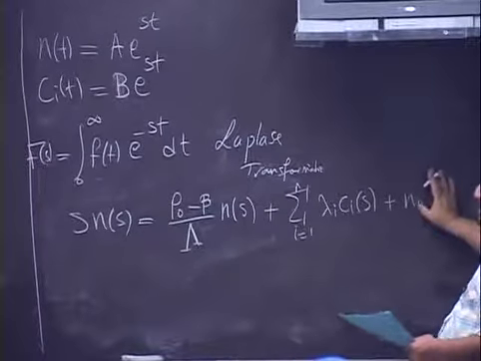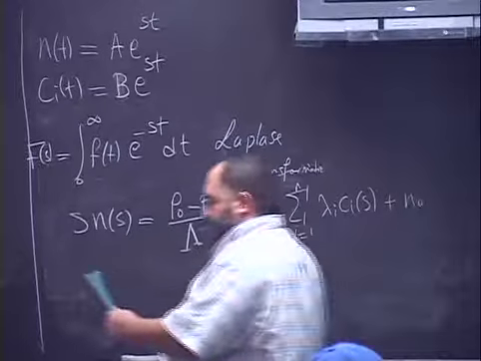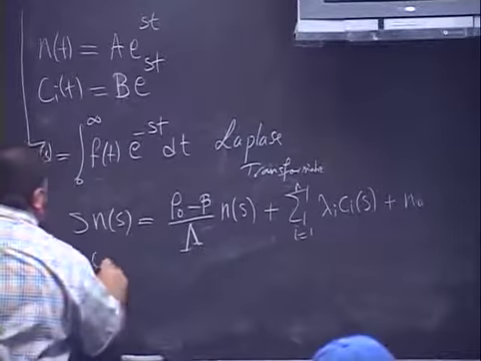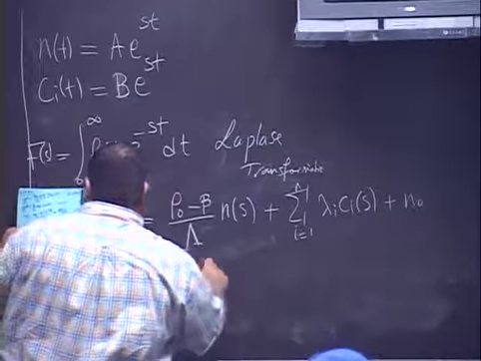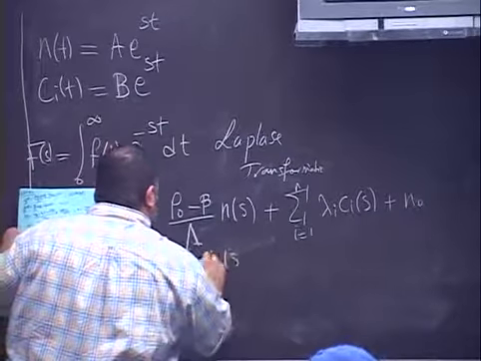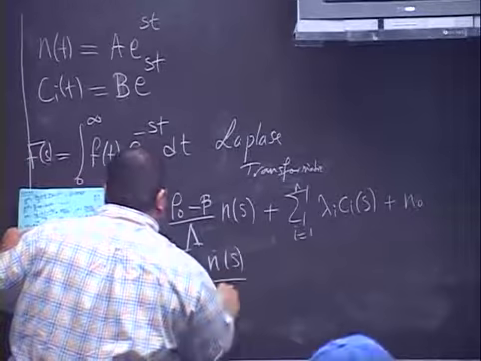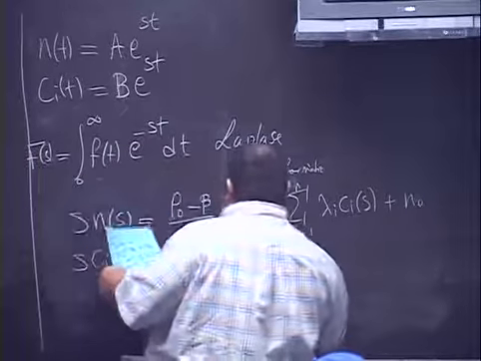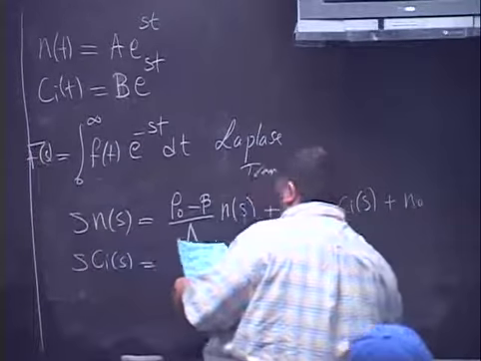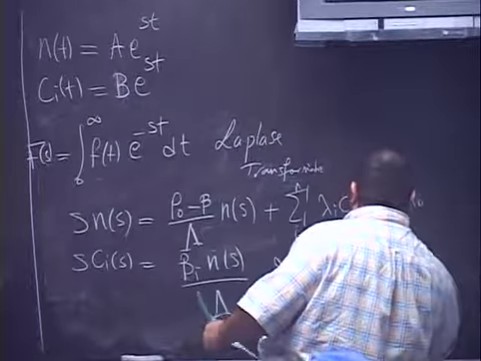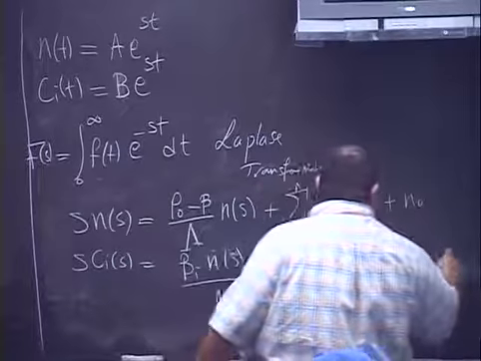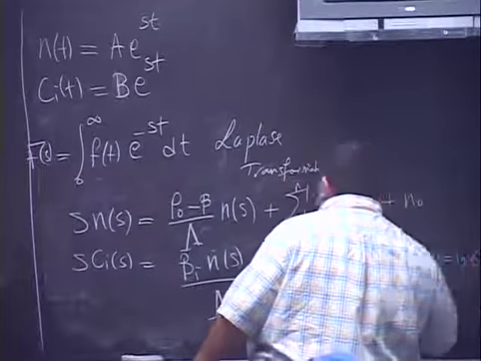The initial number that you start with. And s multiplied by c I of s will be also beta I multiplied by n of s divided by gamma minus lambda I c I of s plus c I naught. And this is I equal to 1 to 6.